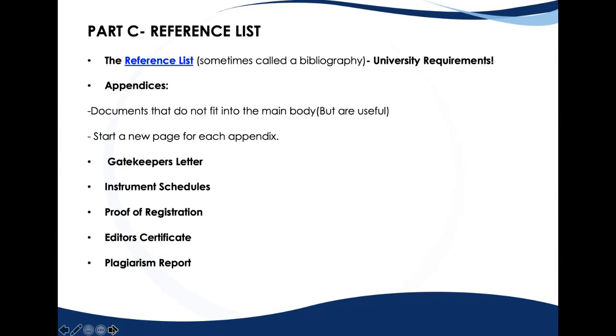You get the requirements from that master's and doctoral procedures book that I told you about. Then there are some documents that are useful and would have been referred to in your work, but you don't necessarily include them in the body of your work. And these include things like your ethical clearance letter, samples of your consent letters, the gatekeeper's letter that you used, some of the instruments, examples of the data collection instruments that you used.